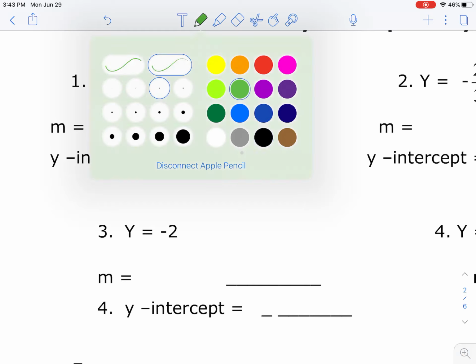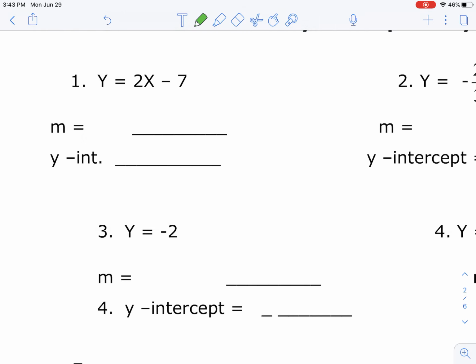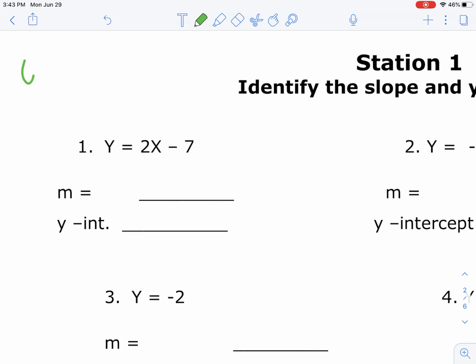So in this event, y equals 2x minus 7. Thinking back to y equals mx plus b, your m is your slope, which in this case is 2.